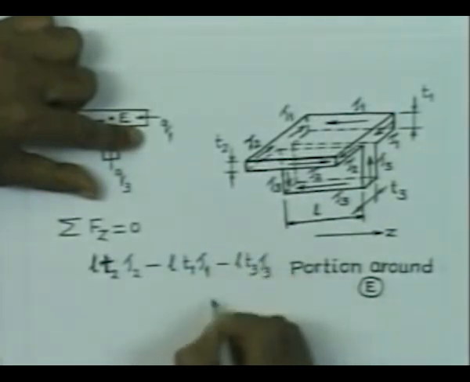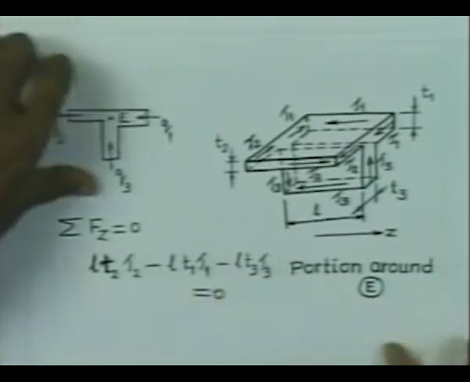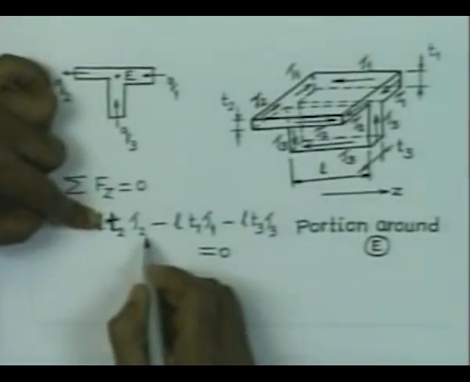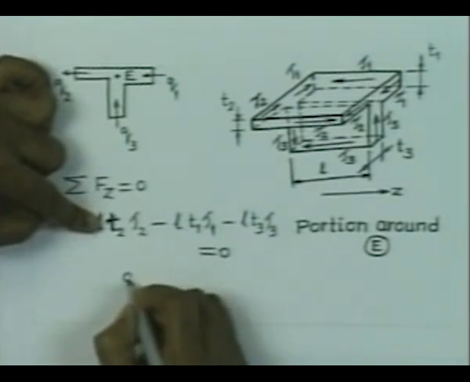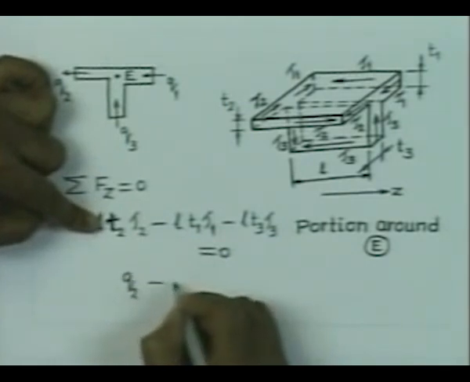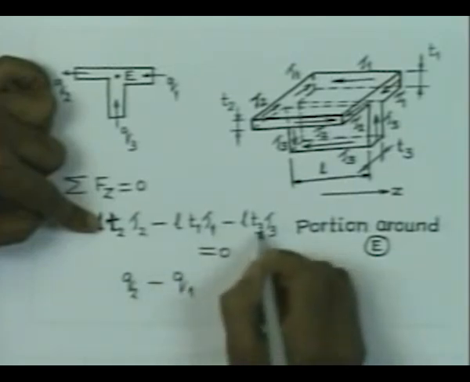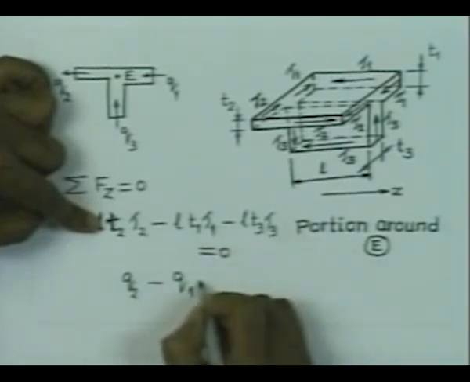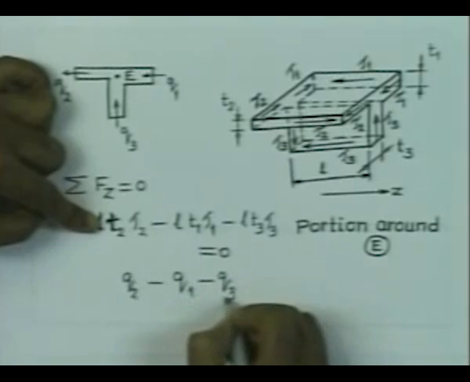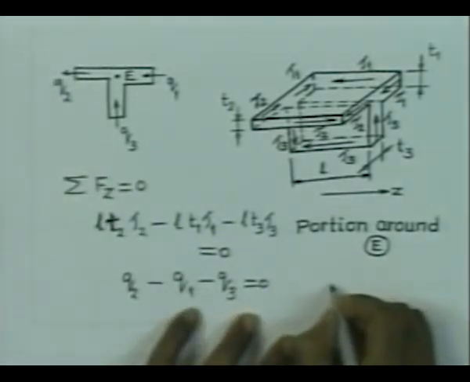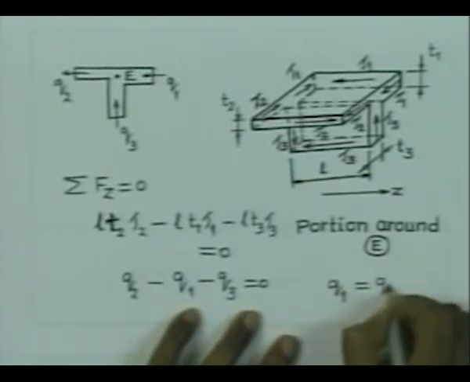So, this is equal to 0, and if you now write that T2 into tau 2 is Q2, minus T1 into tau 1 which is Q1, T3 into tau 3 is nothing but Q3, and that is equal to 0, which is the same thing as Q1 is equal to Q2 minus Q3.